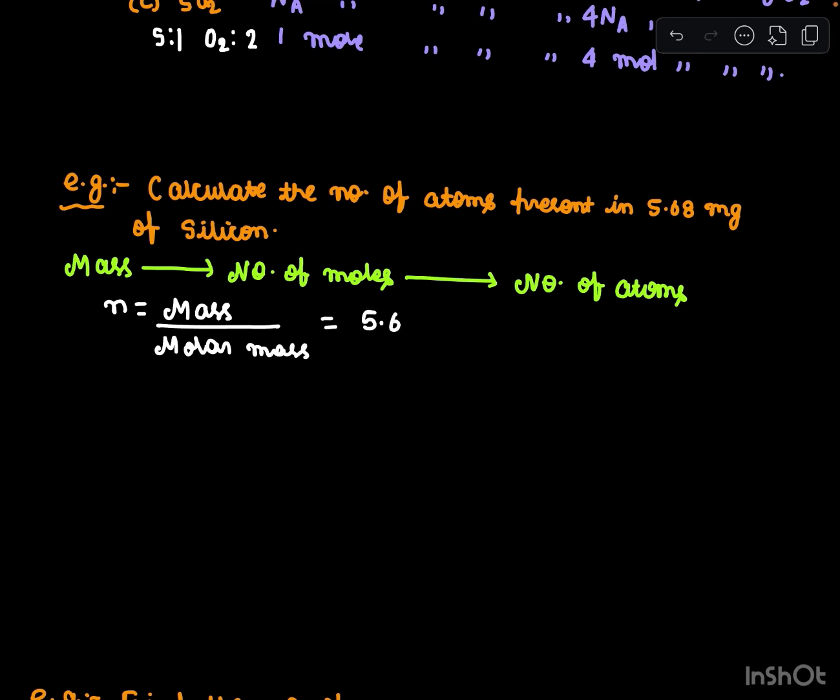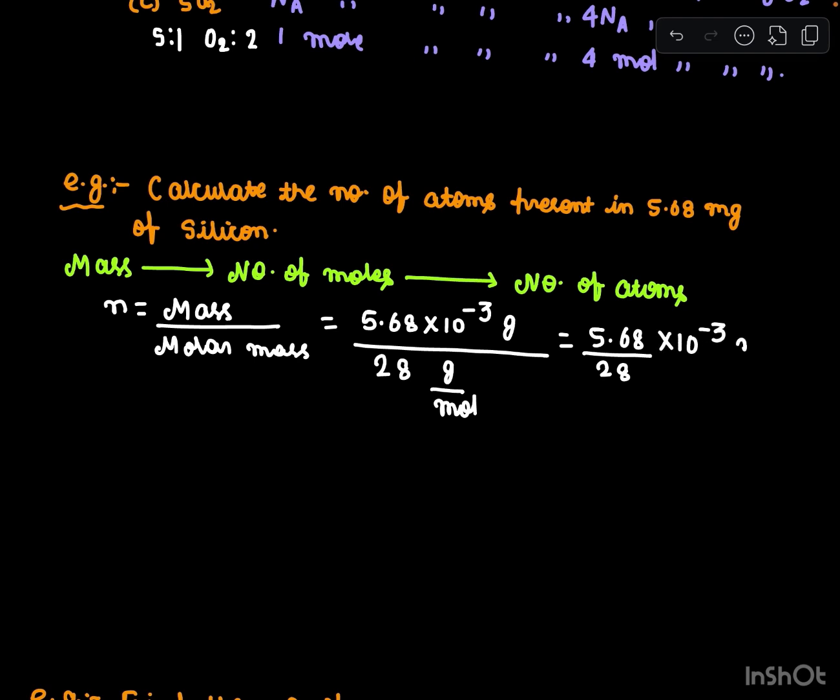Mass is equal to 5.68 milligram. Convert it into gram: this is 5.68 into 10 to the power minus 3 gram, divided by the molar mass of silicon, which is 28 gram per mole. It comes out to be 5.68 divided by 28 into 10 to the power minus 3 mole.